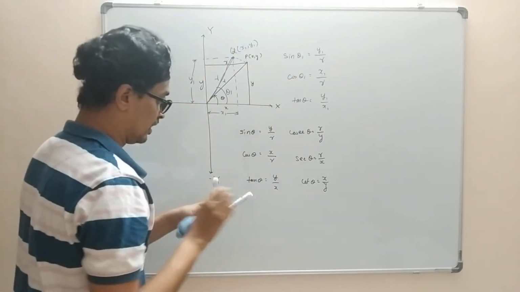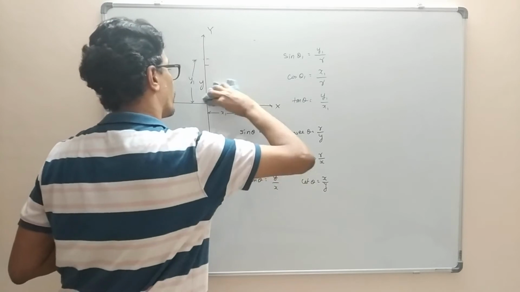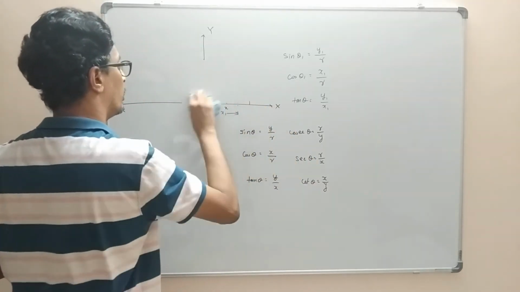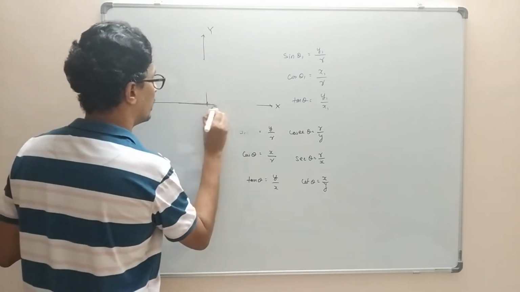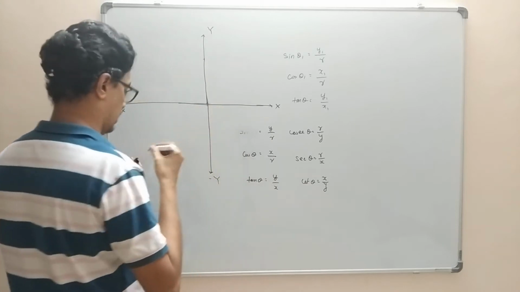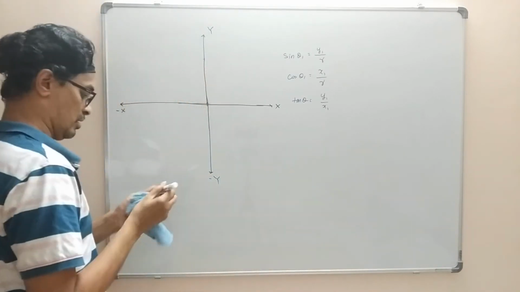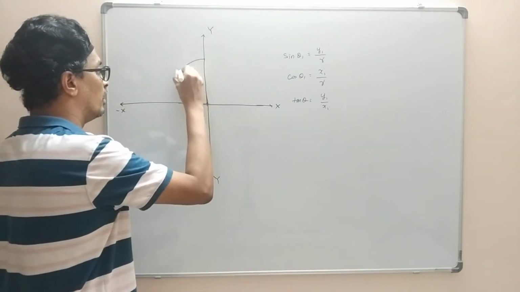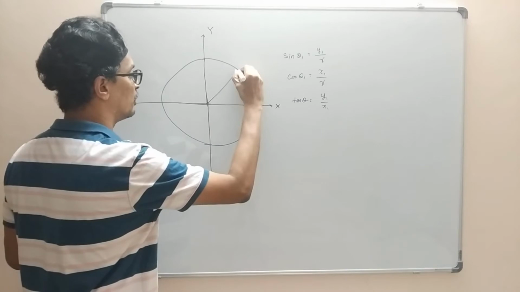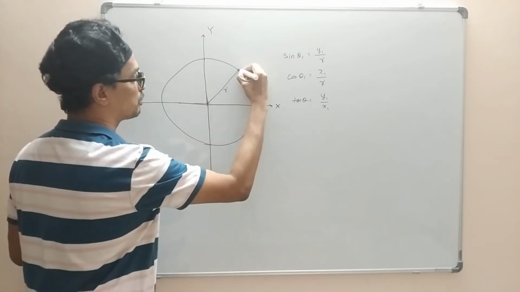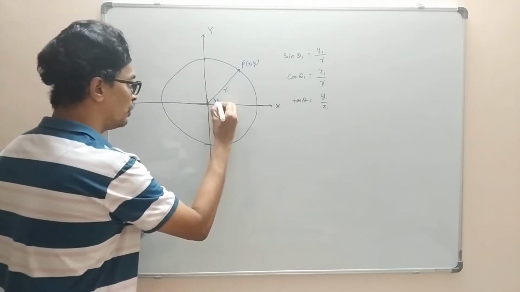So that means I can always draw a circle of radius R, and this point is P of x comma y, and then there is the angle theta.